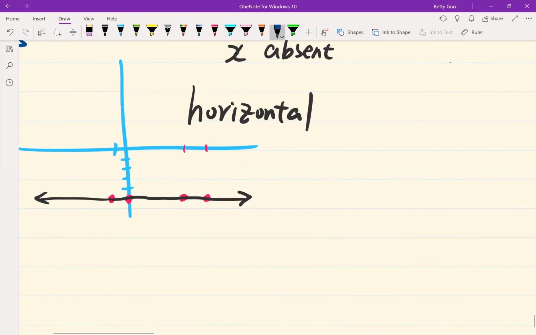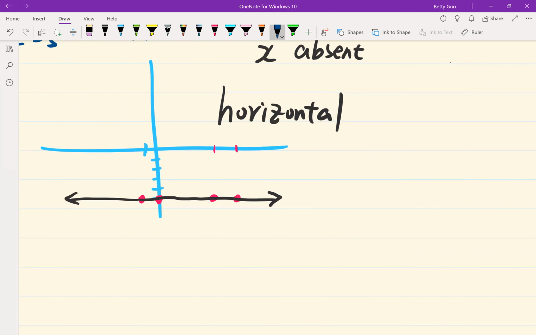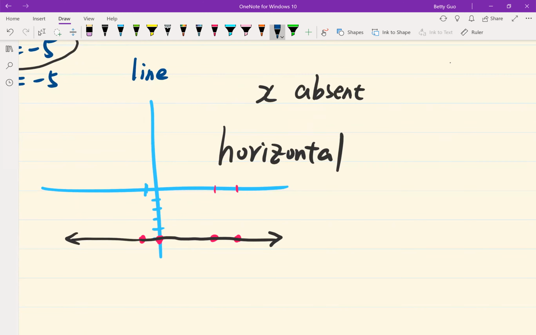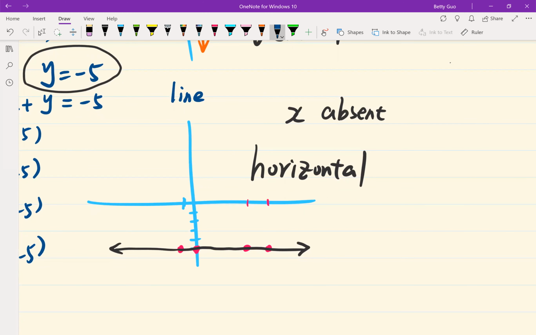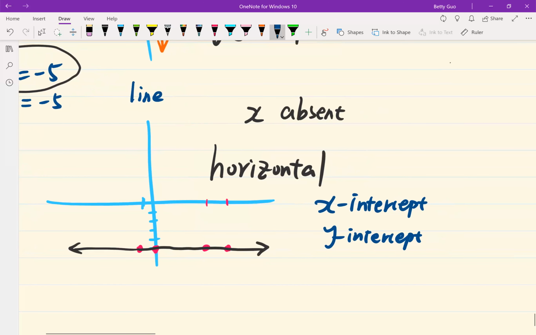Let's see the horizontal straight line. In our case, it's y equals -5. This black horizontal straight line. Let's see what the x-intercept of the line is and what the y-intercept of the line is. The x-intercept of the horizontal line does not exist because the horizontal line is parallel to the x-axis.